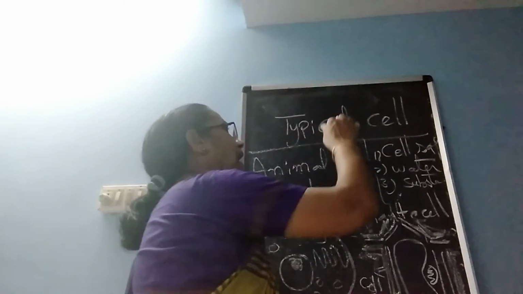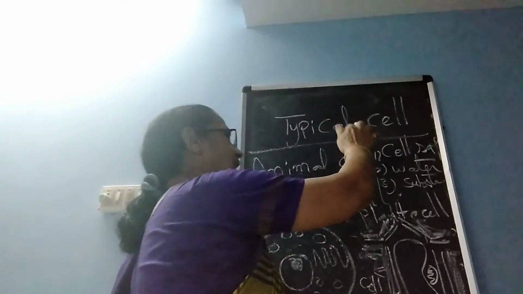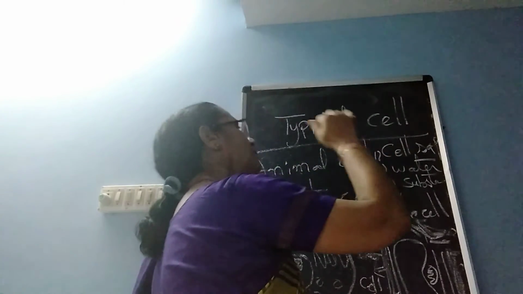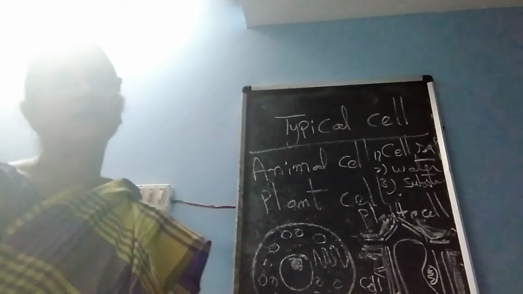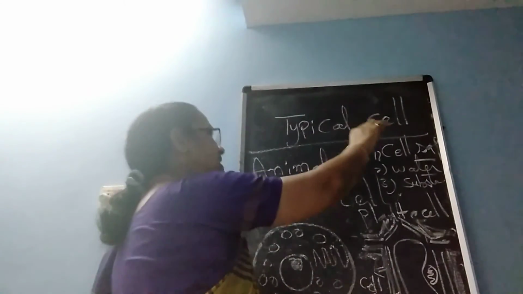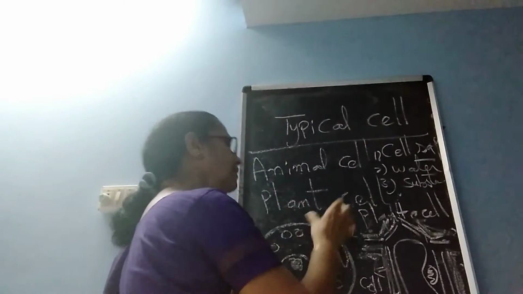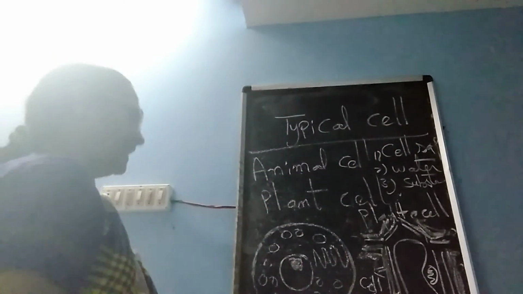This fluid is known as the cell sap. It contains 90% water, protoplasm, other substances, etc. So these are the internal parts of a cell.